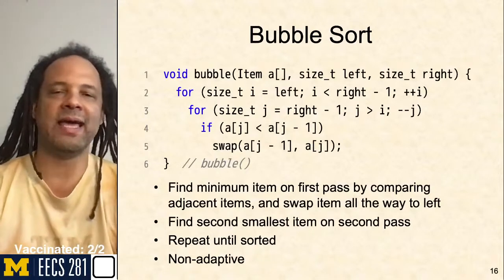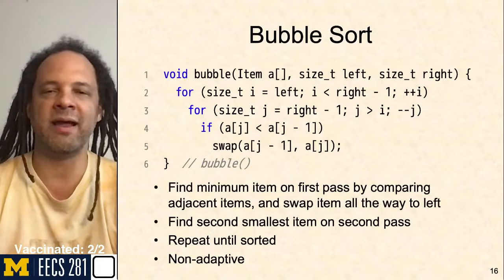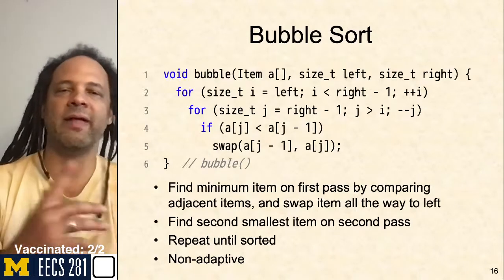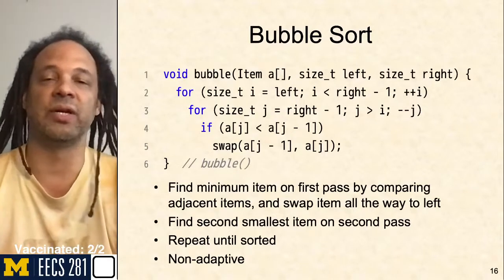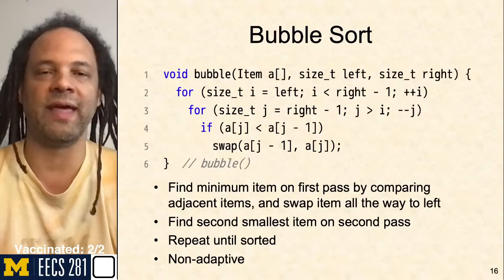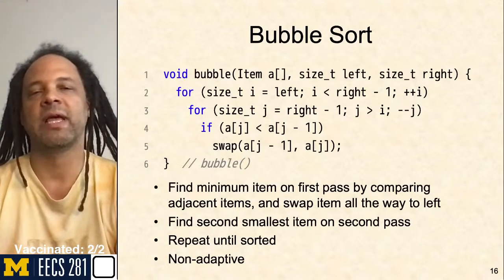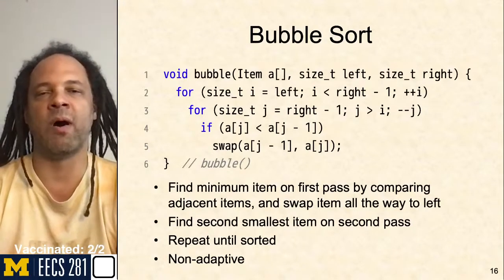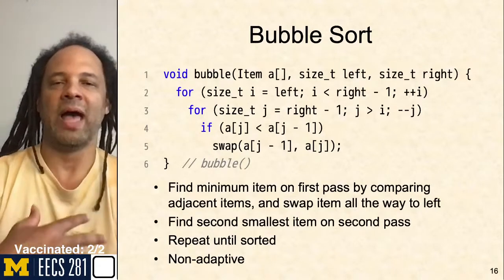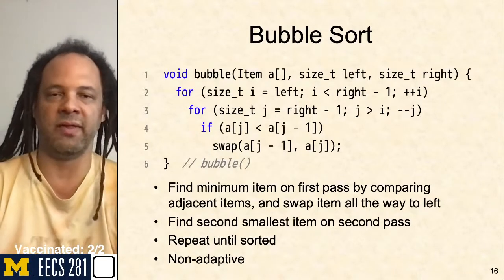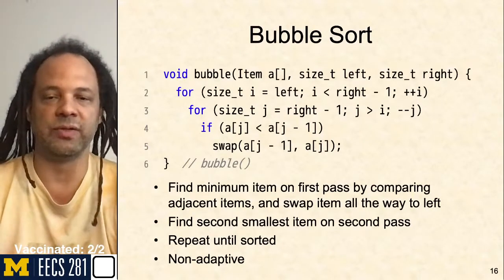Because if I put the n minus 1 smallest items in their perfect position, all that's left is the largest item, and it has to be in the last position. So we don't have to sort that last item. This is a little bit of speed up, saying I only have to sort n minus 1 items if I put them all where they absolutely belong, because the last unsorted item has to be where it belongs, because all of the other items are already set to their ultimate positions.